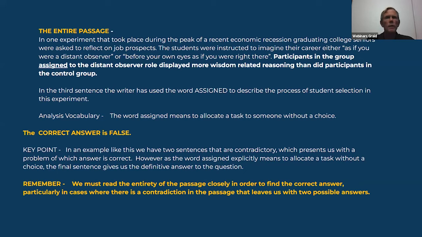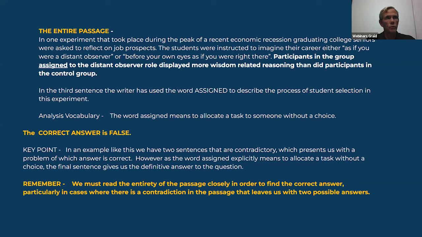So in this third sentence, the writer has used the word assigned to describe the process of student selection in this experiment. Now, if we know the meaning of assigned, it basically means to allocate a task to someone without a choice.